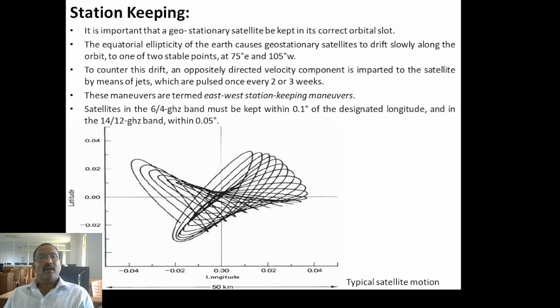Normally we have jets in satellites, and they are used once in 2 or 3 weeks to put the satellites back in their actual orbital slot. These maneuvers are termed east-west station keeping maneuvers.